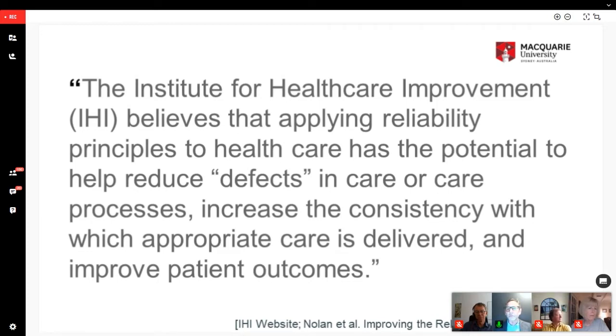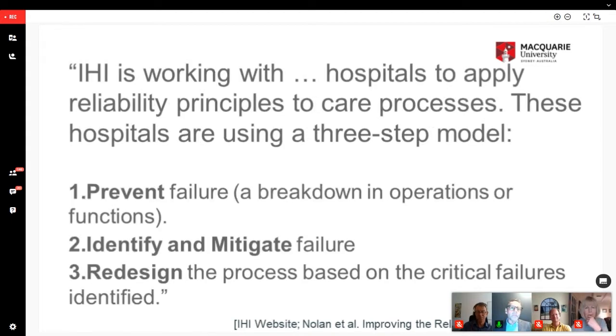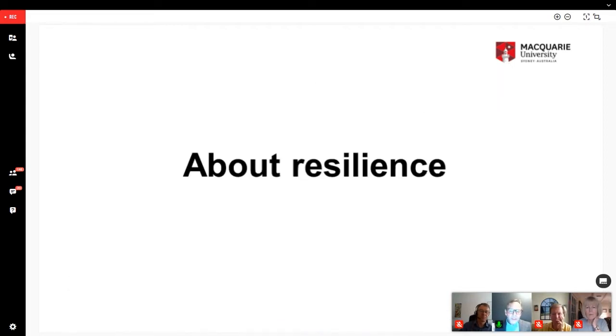It improves appropriate care and improves, in turn, patient outcomes. And IHI is working with lots of hospitals across the world, as you know, and really these are 3 things that it's trying to do: prevent failure, identify and mitigate failure, and redesign processes so they're, if you like, failure-proof. So that's, in a nutshell, reliability.